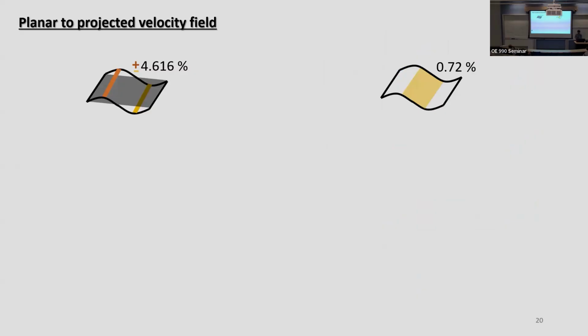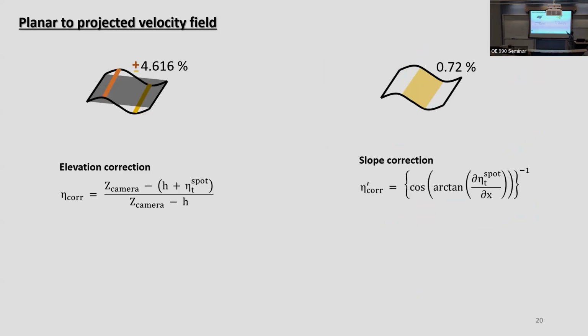Now, if you remember, because we have our elevation, we have our slope. So if eta is our elevation, the slope would be d eta over dx. We have our eta, and we can now correct for elevation using that formula. We can do a correction for slope using this formula, and voila, we have our corrected measurements.